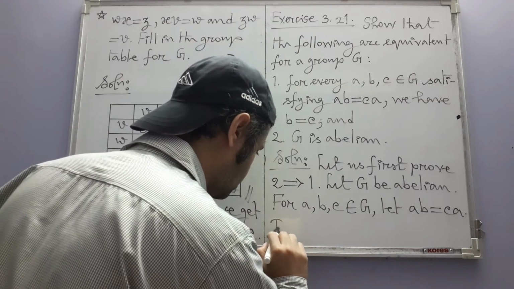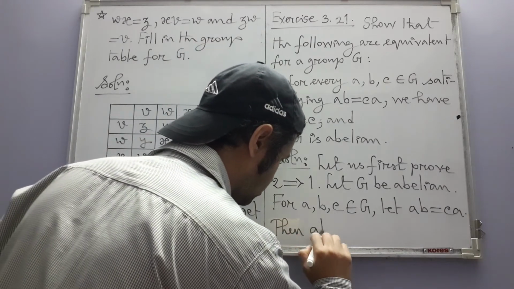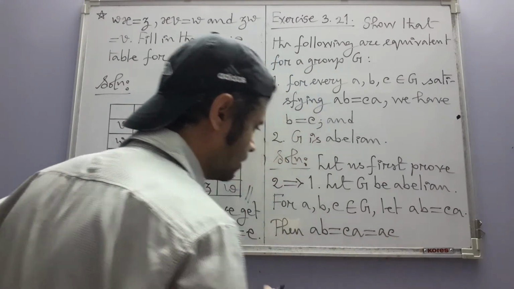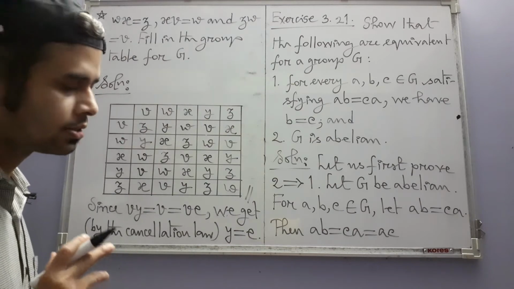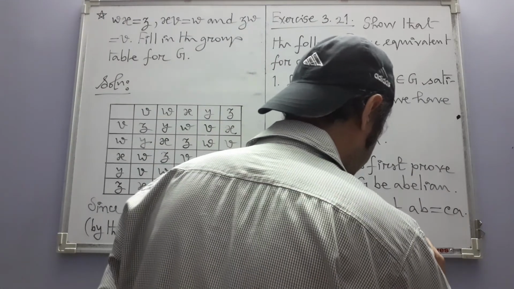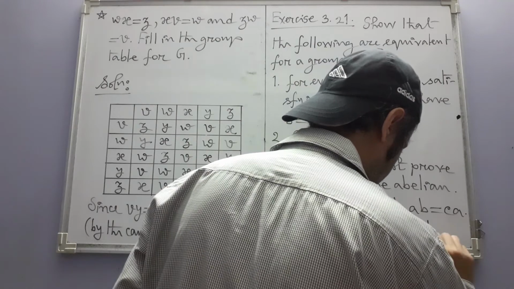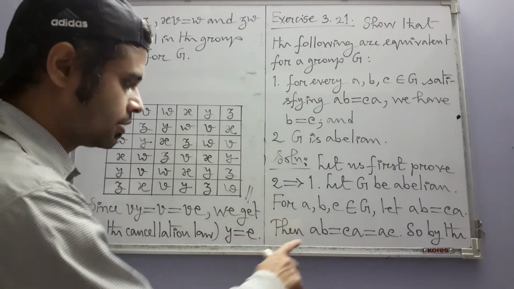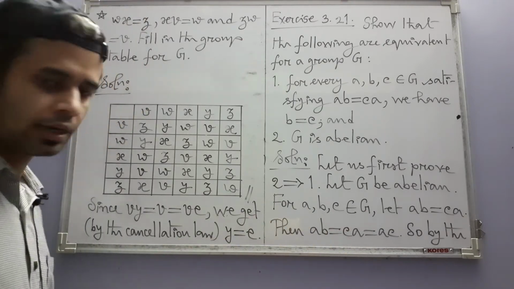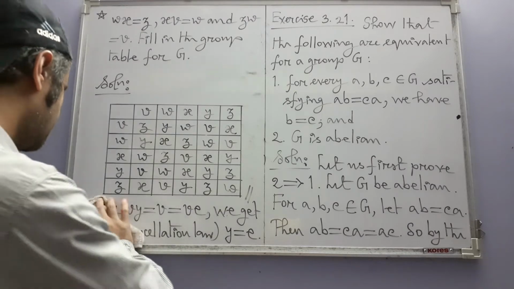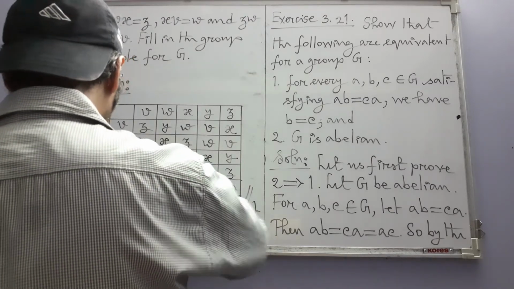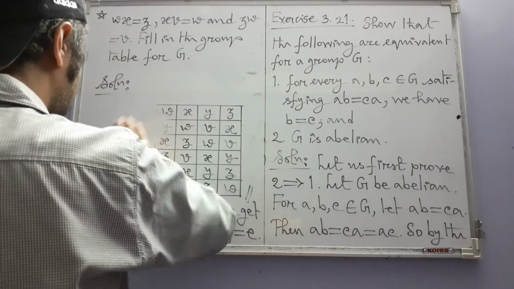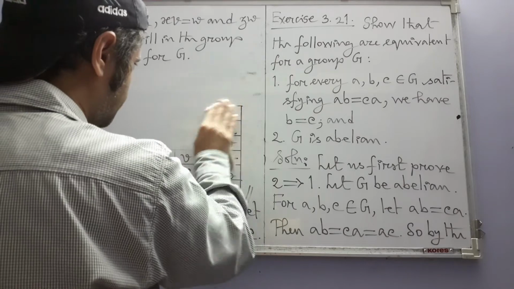Then AB is equal to AC, using the hypothesis that G is abelian. So now we can apply the cancellation law that we have in our G. It's precisely the left cancellation law. We can now cancel A from both sides, giving us B equal to C. And which is just the first statement.